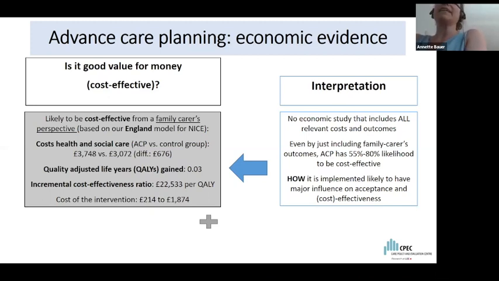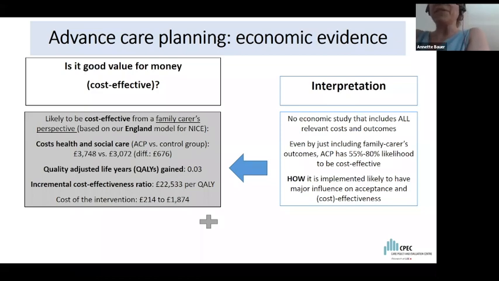And we found that the cost in terms of health and social care in the advanced care plan group versus the control group were 3,748 versus 3,072. So the difference was 676. And the quality adjusted life years gained were 0.03.